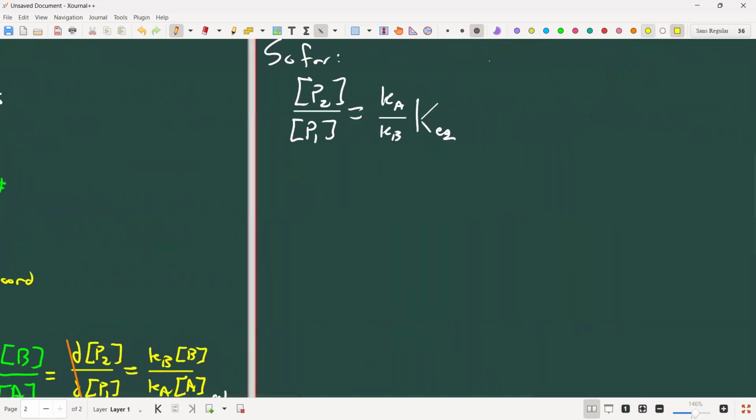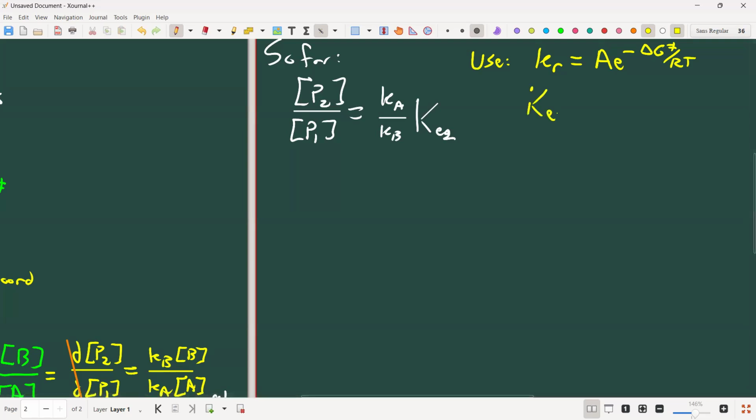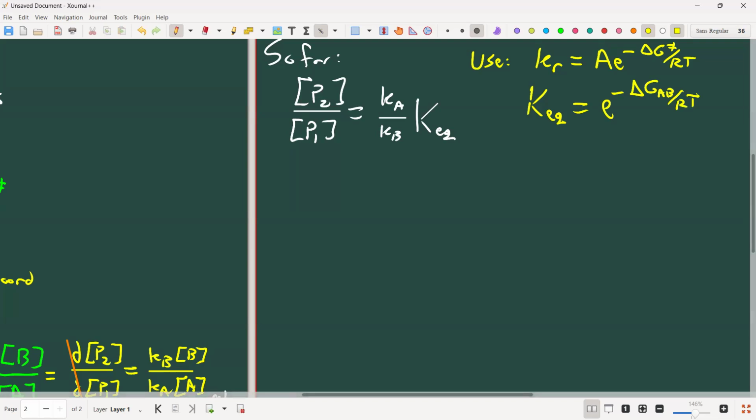We can use the Arrhenius equation, which says that the rate of a reaction is some number A times an exponential of the activation energy divided by RT. And that KEQ is E to the minus delta G AB, the energy difference between the materials, over RT. Okay, so all we have to do is plug this stuff in.